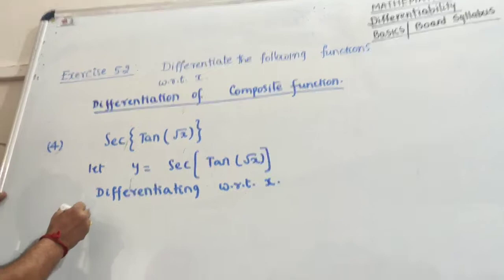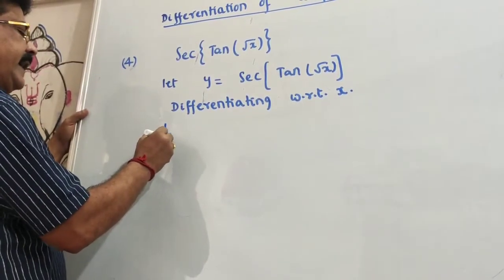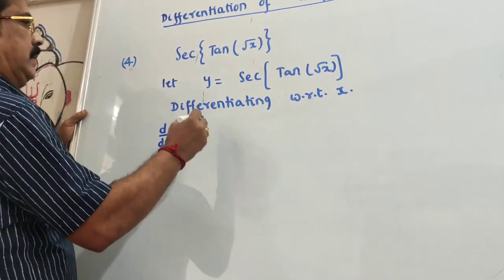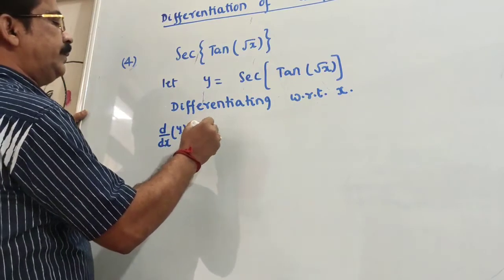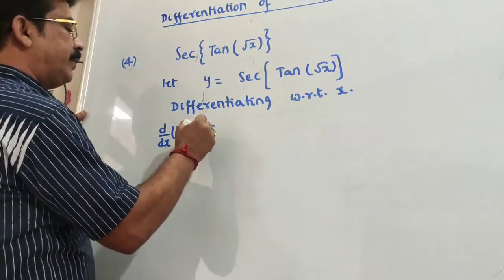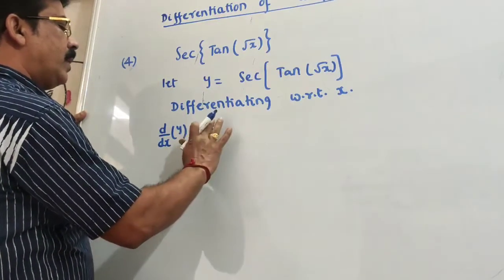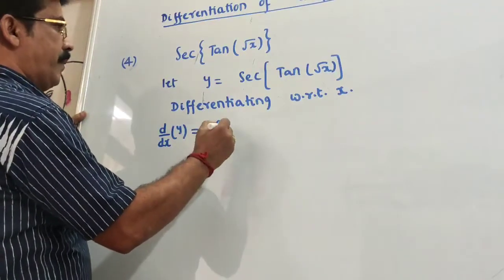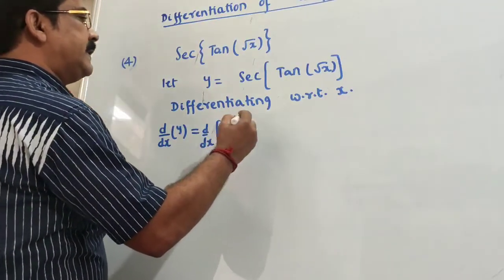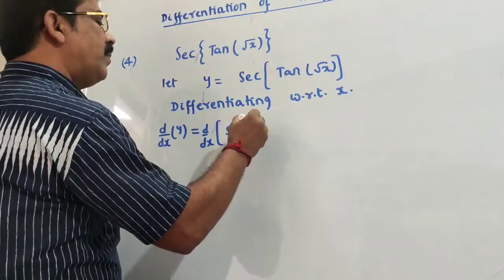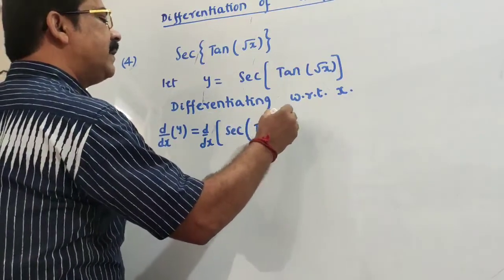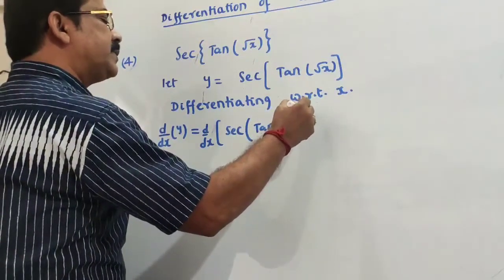Therefore, d by dx of y equals d by dx of secant of tan root x.